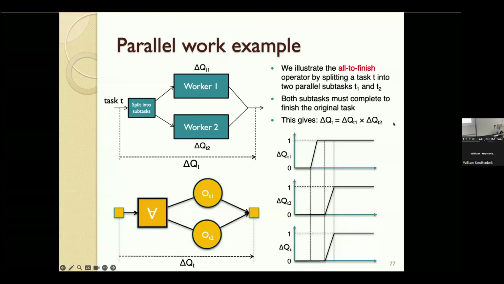Just to make sure that there is no confusion, that cross sign that you're showing is not a vector product. This is arithmetic multiplication of two functions. So the delta Qs are a function of delay. And so for each value of the delay, the value of the overall delta Q is the arithmetic product of the delta Qs of the components.